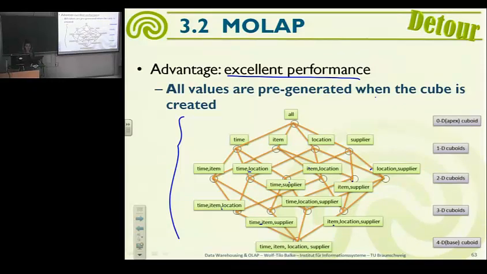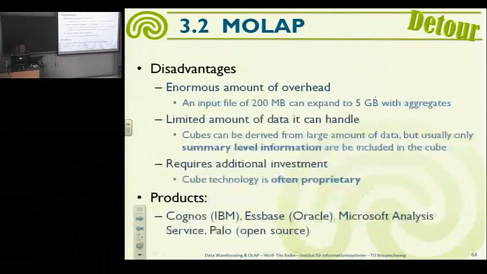However, typically you don't do that for storage reasons, and even if storage is not a problem for you, you always have to think about the fact that they take a lot of time to compute and prepare. And it's not only a one-time thing at the very beginning, but rather the data warehouse always gets new data, and then these aggregates have to be continuously updated and continuously computed.